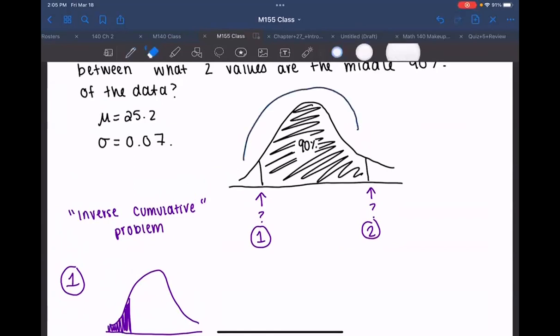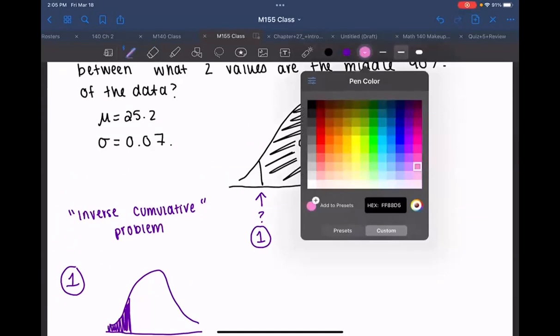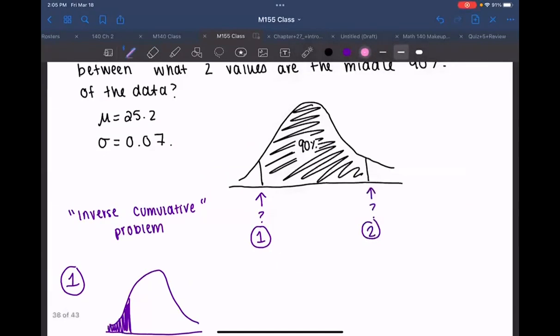Let me do this in a different color. I'm going to shade things in pink. I'm going to shade in this area and this area, so I'm shading in everything that hasn't already been shaded. Can someone tell me the area or the probability underneath what I've shaded in pink?